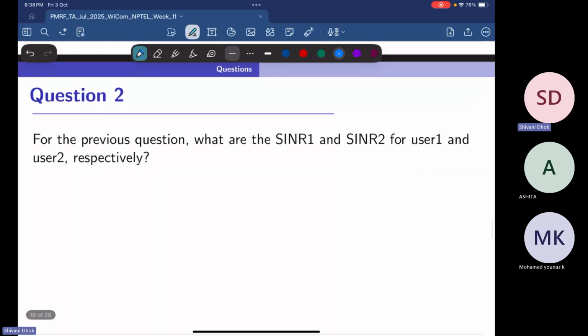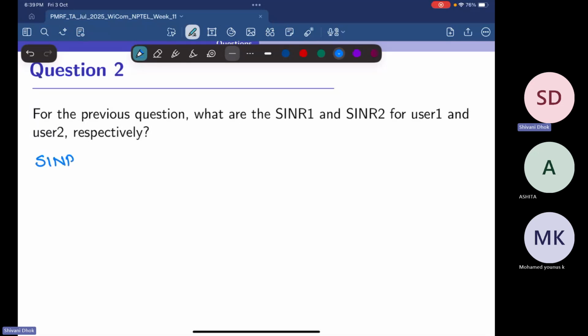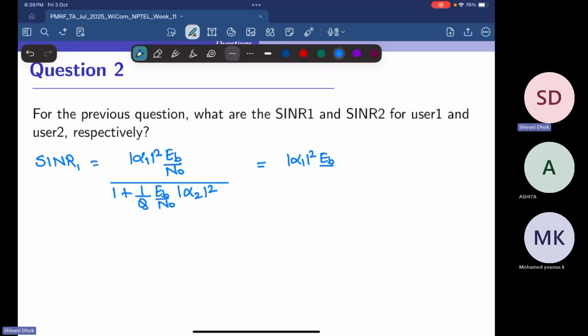So we have seen that this SINR 1 is given by magnitude of alpha 1 square EB by N naught upon 1 plus 1 over Q EB by N naught into magnitude of alpha 2 square, which is nothing but magnitude of alpha 1 square EB by N naught into the degradation factor Dg1.